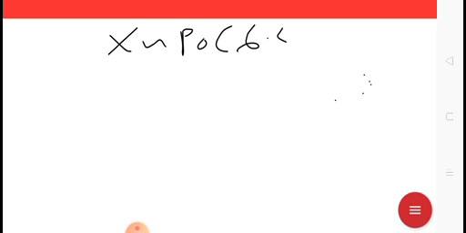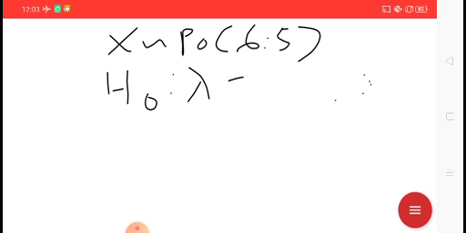The question already mentions Poisson, so definitely it is Poisson, no need to guess. When you want to run the test, you set your parameter first. So 6.4 is the benchmark that you need to compare, and the null hypothesis is lambda equal to 6.4.